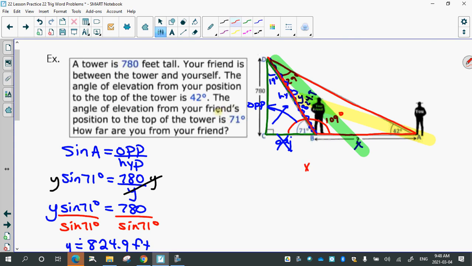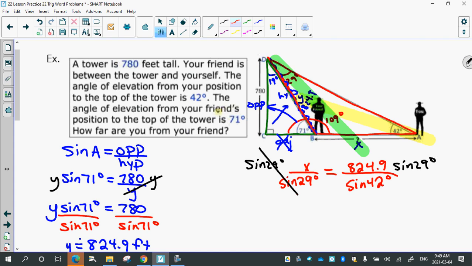So I'm going to put x on the top over the sine of the opposite angle, so sine of 29 degrees equals the side I just found, so 824.9 over the sine of its opposite angle. And then if I multiply both sides by the sine of 29 degrees, I should have my answer about how far apart the two people are standing.